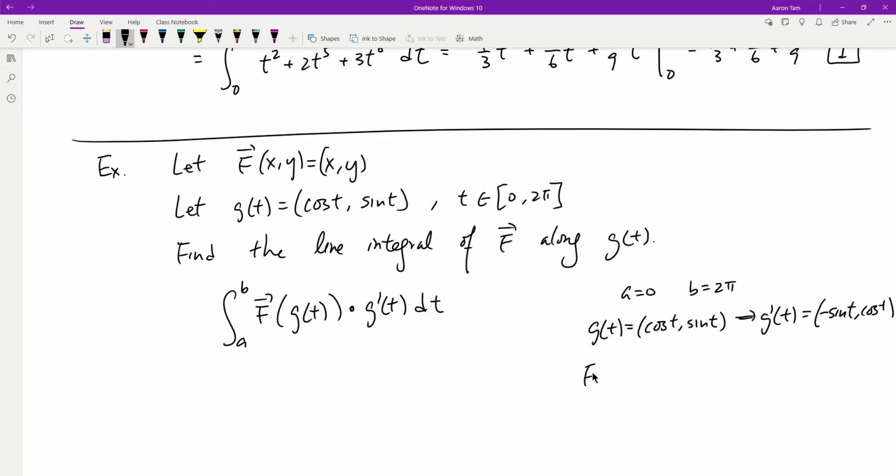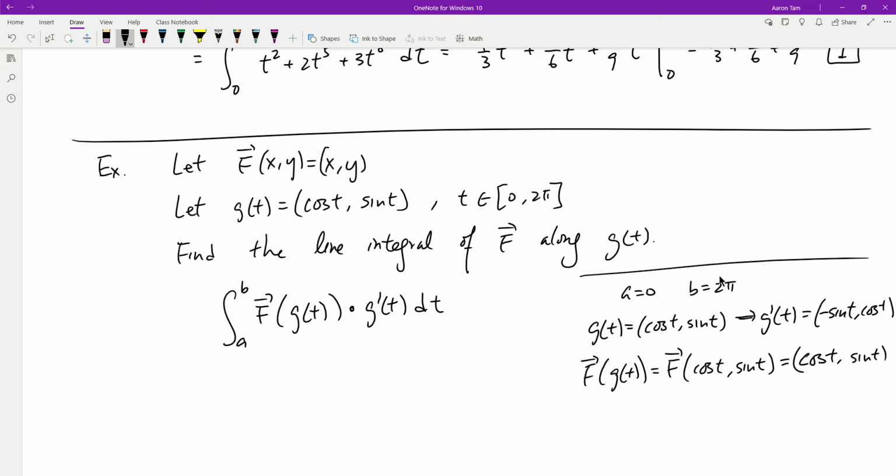And vector f of g of t would equal vector f of cosine t, sine t. And since the function f just keeps everything the same, that just turned into cosine t, sine t.